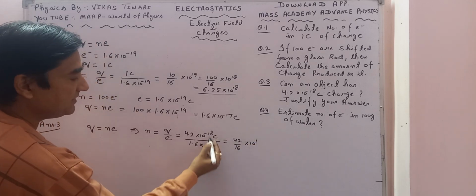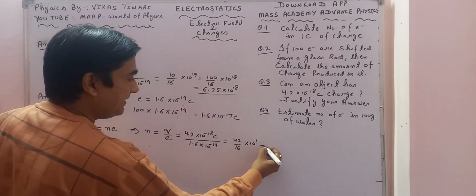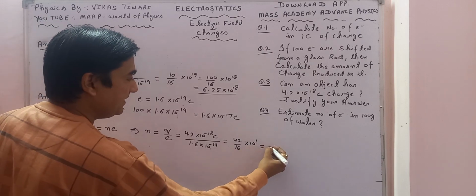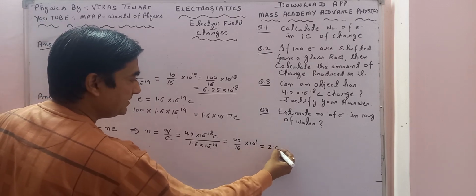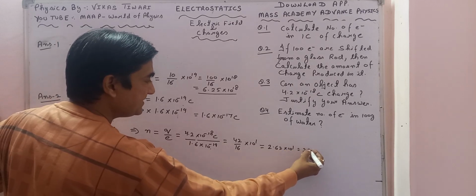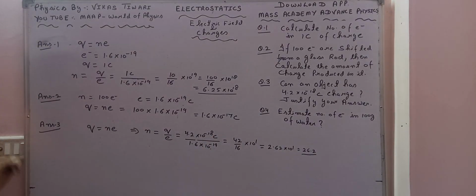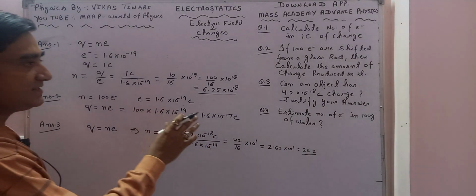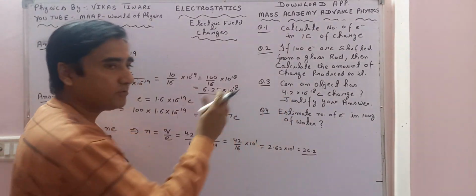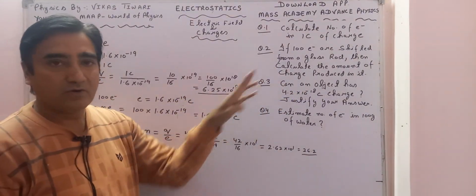If we solve these two values and divide, it will be around 2.62 into 10 raised to power 1, which can be written as 26.2. So the value of n is not an integer value. So we can say that this charge is not possible on that particular object.